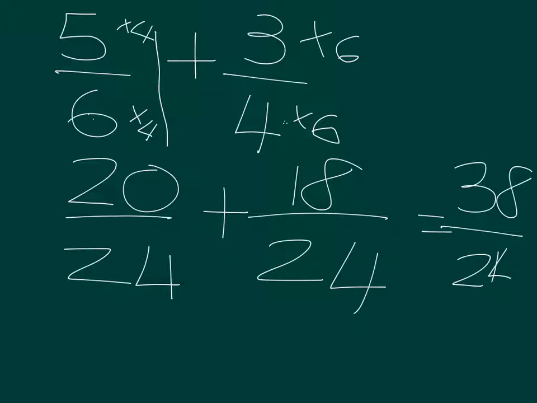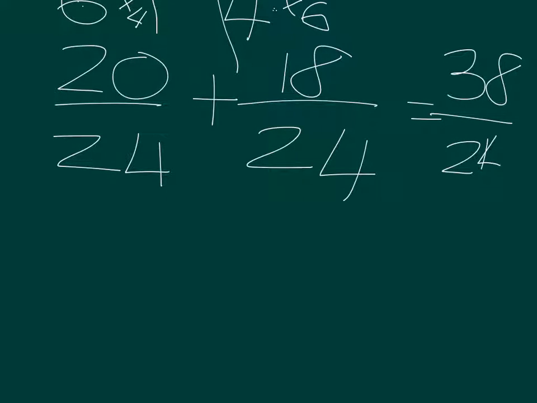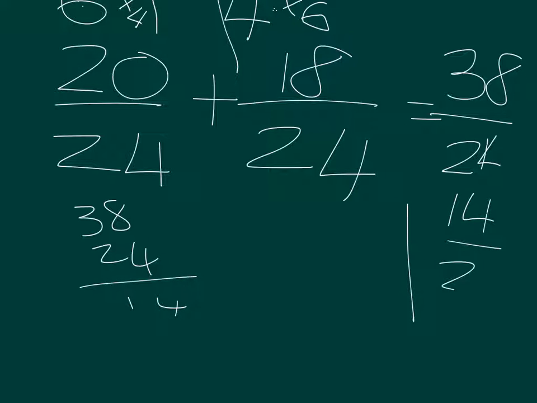But we've got a problem because it's now an improper fraction. 24 goes into 38 1 time. What is the remainder? 38 take away 24, there's 14 left over, so 14 over 24.